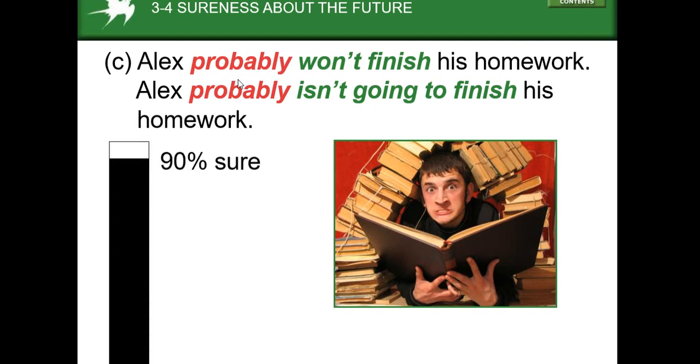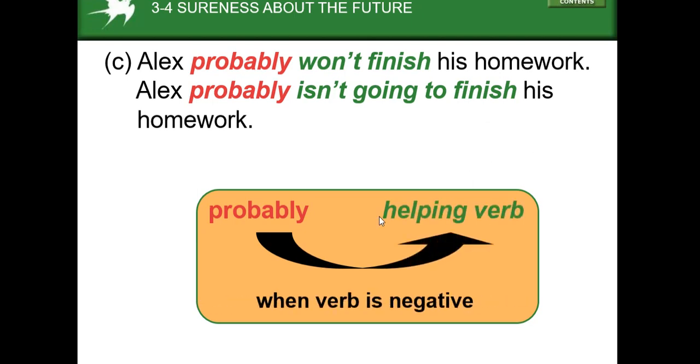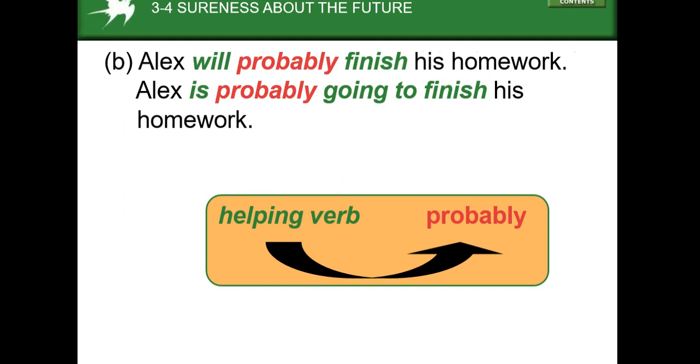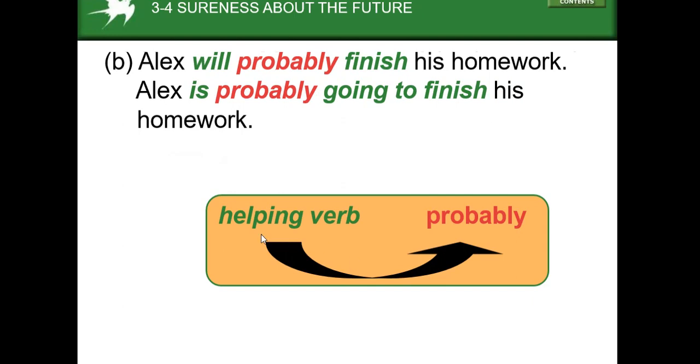Let's continue. So it is 90% sure. Okay? 90%. So probably plus the helping verb when the verb is negative is the contrary. Look at this and pay attention. When you are talking about a positive, you use the helping verb in front of probably.